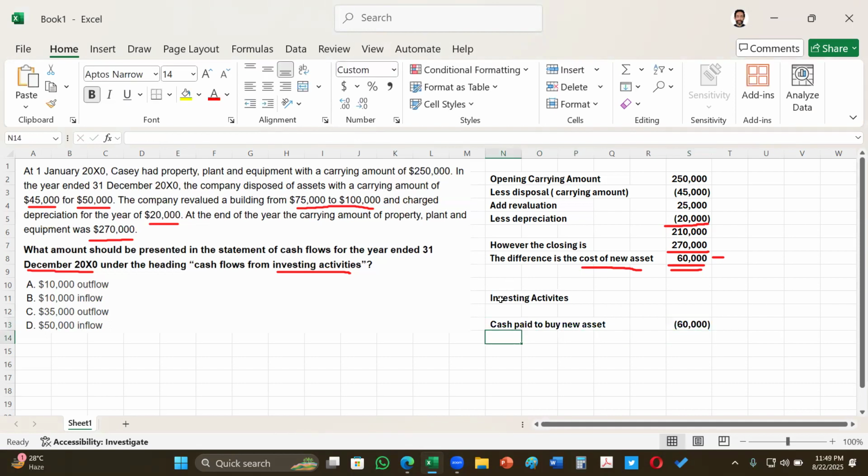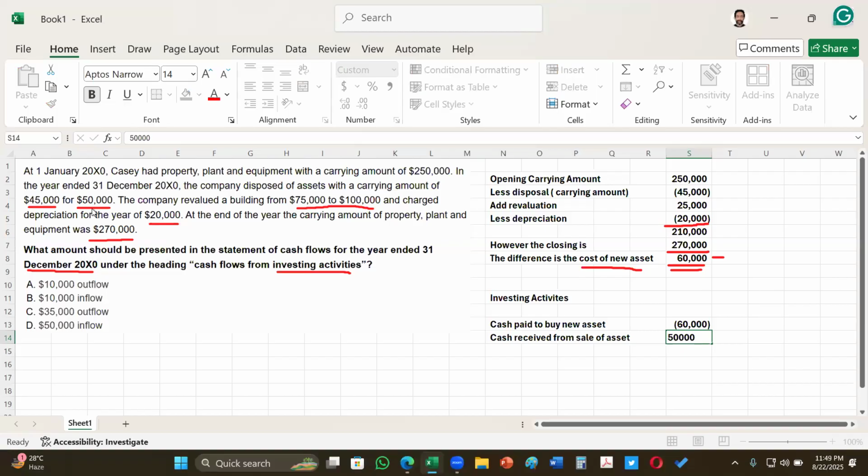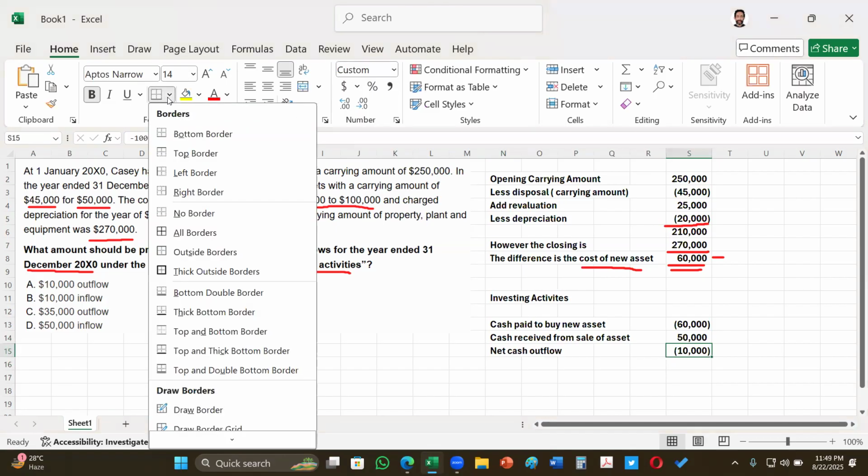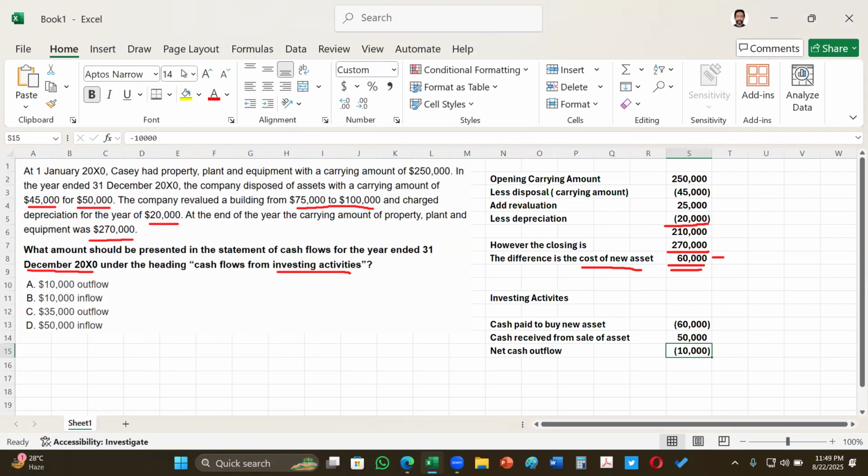And then they tell us that the asset that I sold it for 50. So the cash received from sale of asset is 50,000. Overall, the net effect is net cash outflow. There's a net cash outflow of 10,000. That is the net figure that I have to calculate. So that is going to be the answer here.